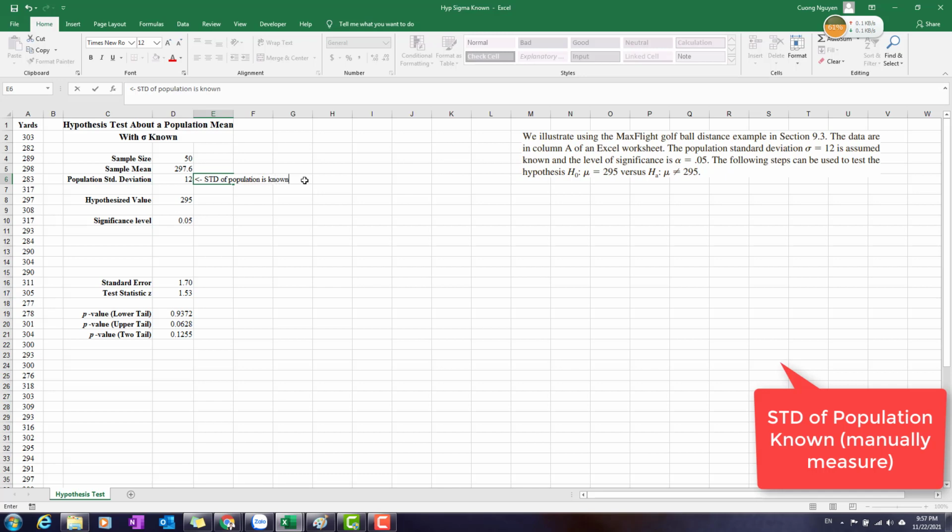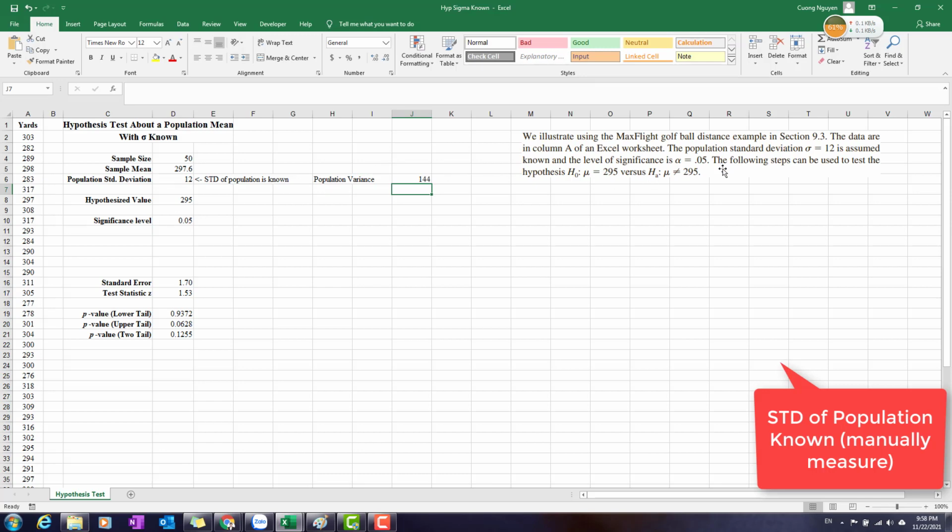Based on the historical data, in other words, the population variance is known, 12 squared, 144.